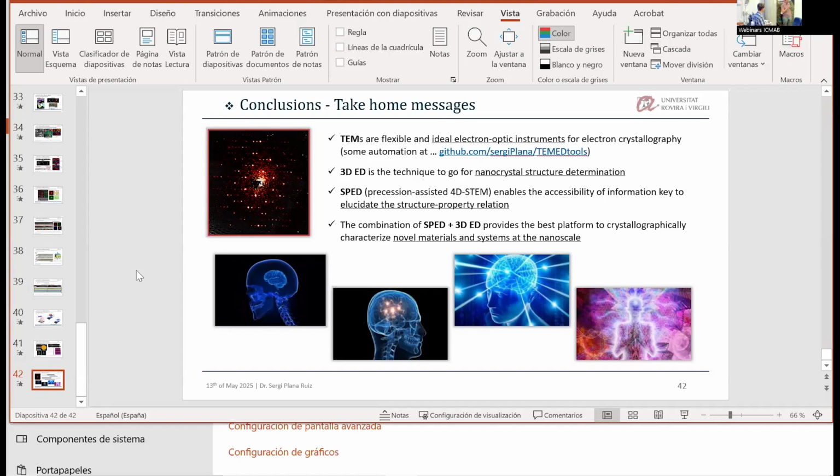So far there's only one available and up and running. But you can cancel out the magnetic field of the objective lens and perform this kind of experiment at atomic resolution.